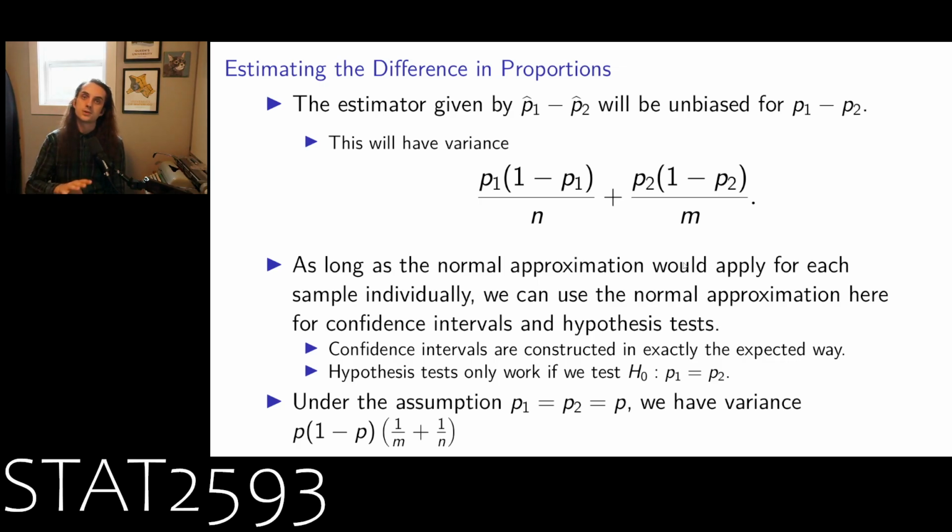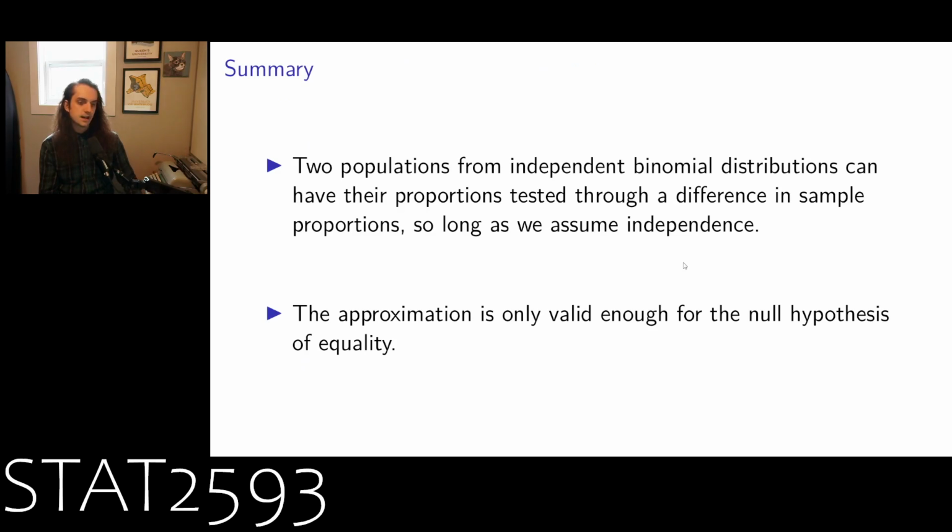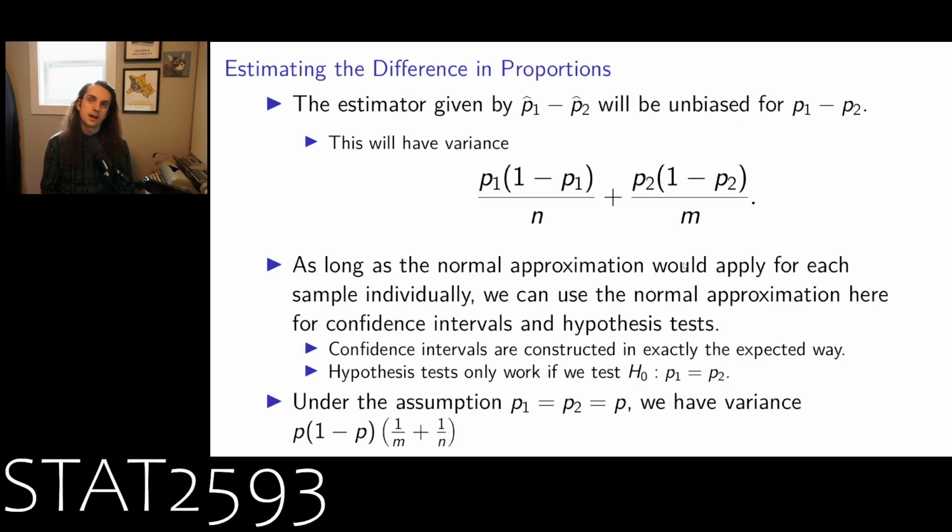Now, if we were to assume that the proportions were equal, then we would have variance given by P times 1 minus P times 1 over M plus 1 over N, right? And so that's if we have this common proportion there. And so then we can get what the variance would have to be under the null distribution. And then what we can do is simply apply the normal approximation as we would be used to doing it, right?